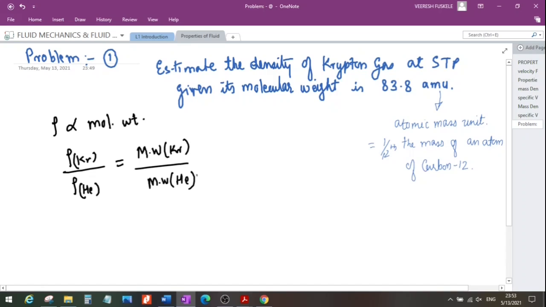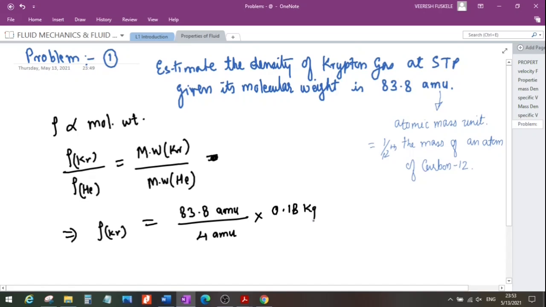Molecular weight of krypton, let me write down here. You can see that the density of krypton will be equal to molecular weight of krypton, given as 83.8 AMU, and that of helium we just saw is 4 AMU. This will be multiplied by density of helium, which we saw was 1.18 kg per meter cube.